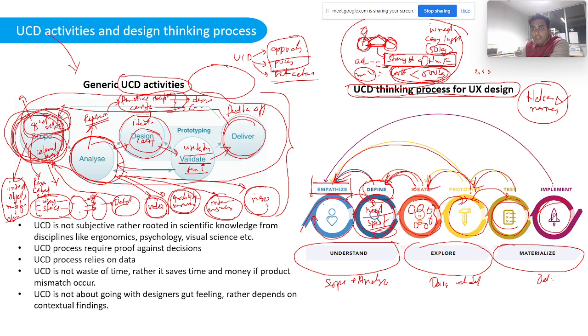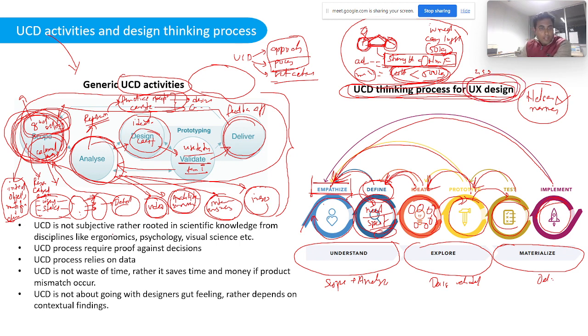After implementation also, based on user feedback or customer feedback, you may again look for rethinking of the entire design process. Okay, so these are basically an implementation of the user-centric design process for UX design.